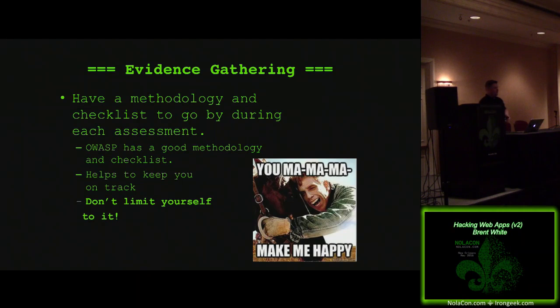Now, again, this is just something to help keep you on track. Make sure you're not limiting yourself to only doing what's in that checklist or methodology. For example, if your methodology leaves out something like remote file inclusion, make sure you're testing for that. Just don't limit yourself. Just use it as a guideline.